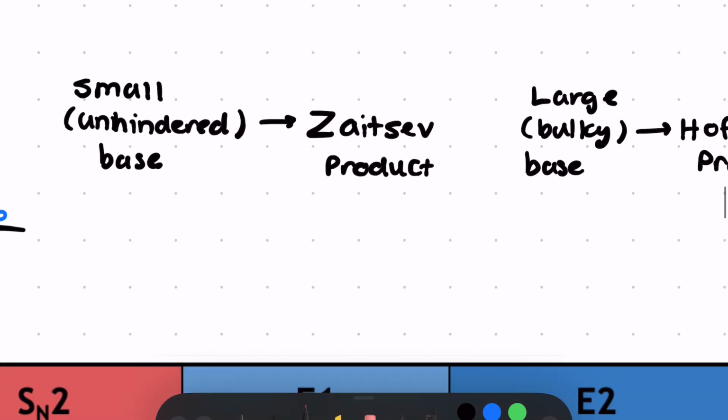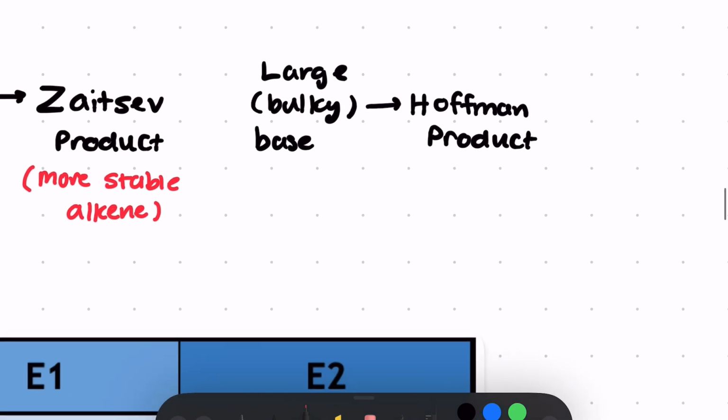Usually, the Zaitsev product correlates with a more stable alkene, usually, okay, keyword usually, and the Hofmann product usually correlates with a less stable alkene. All right, stable is actually not the right word here. I'm going to go with substituted. Okay, more substituted alkene, less substituted alkene.